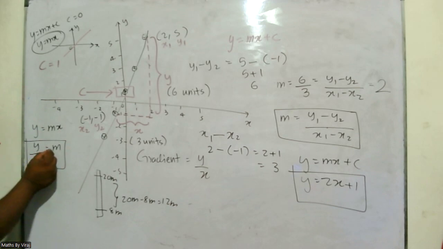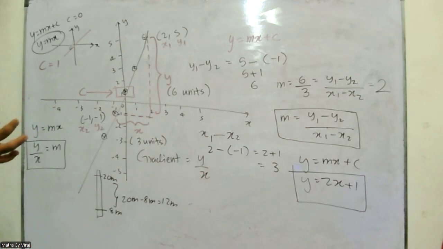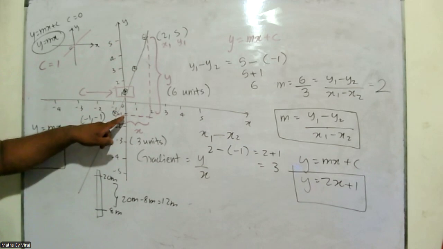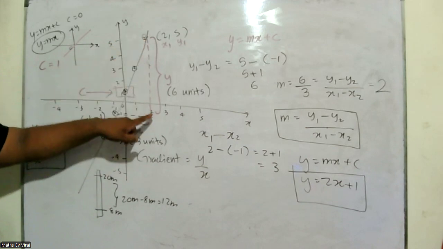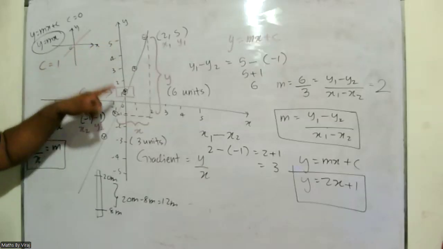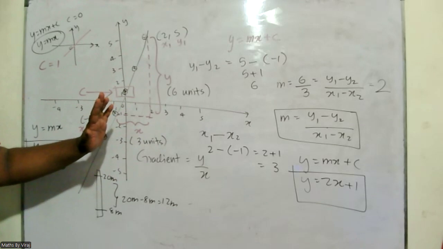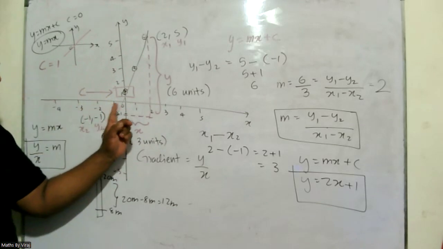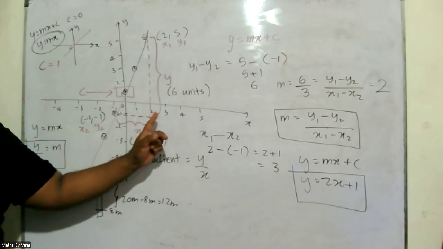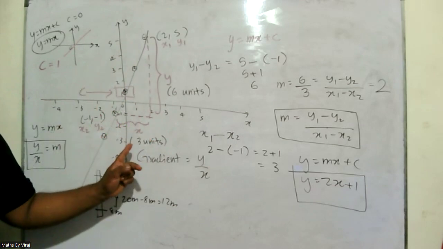Now, I need to find the y and the x. We can count the units from +5 to -1 according to the two coordinates that I have considered. From +5 to -1, there are 6 units. From -1 to +2, according to the same two coordinates, I will have to find my x.